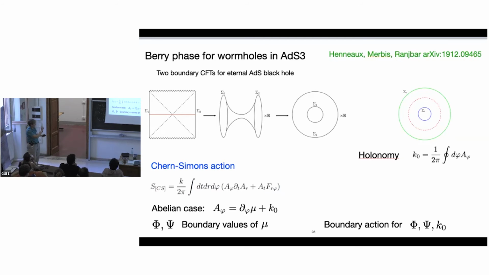And then for Chern-Simons actions, the boundary values of the fields, written in this way, define a boundary action. Now we have two boundaries, so there's a capital psi on the left-hand side and a capital psi on the other side, and this holonomy also enters very crucially.